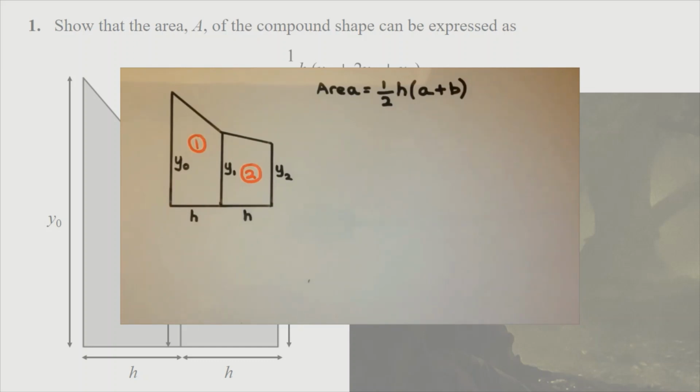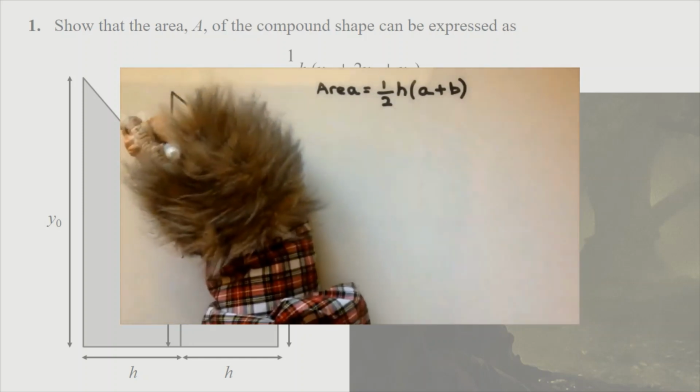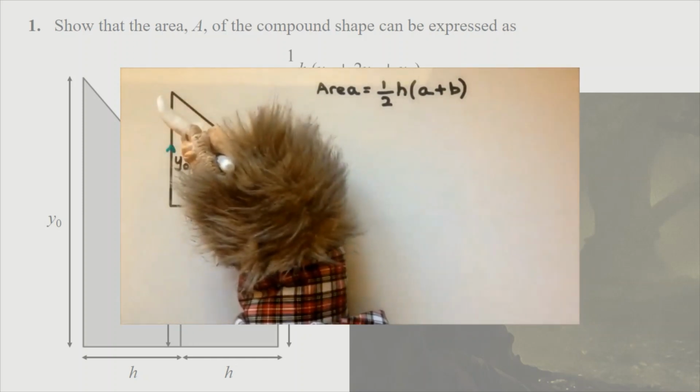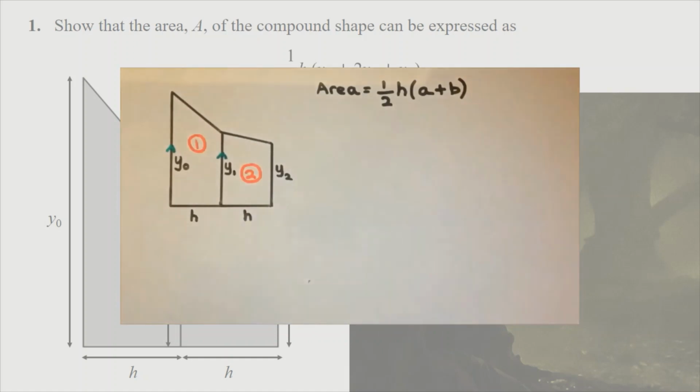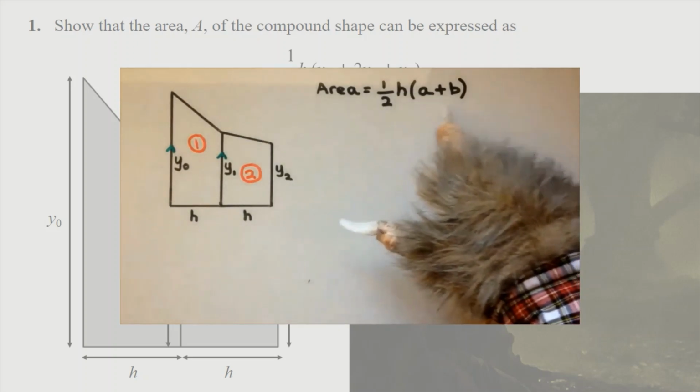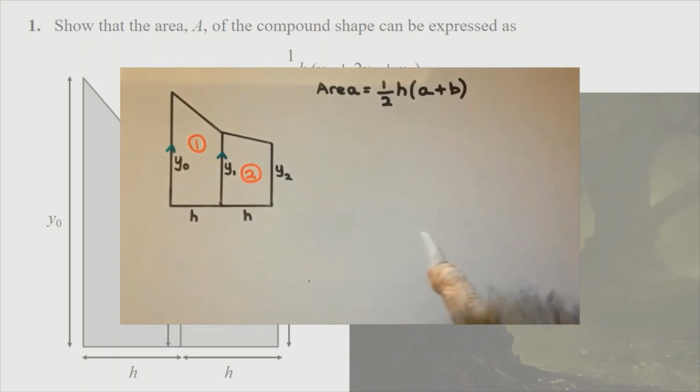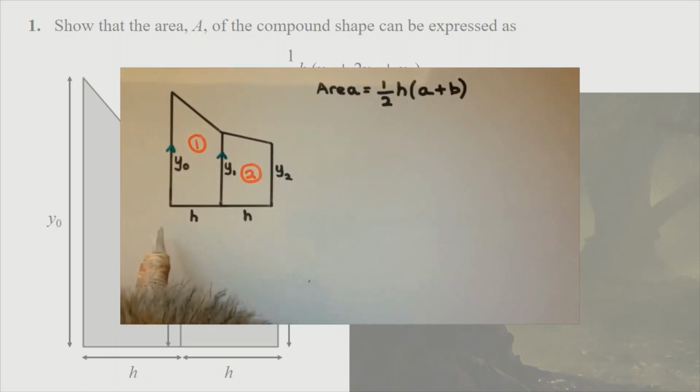Each trapezium has a pair of parallel sides. In fact, a trapezium is a four-sided shape which has one pair of parallel sides only. So a and b represent each parallel side. You add those together, multiply the sum by the perpendicular distance between the two parallel sides, and then divide your answer by 2.